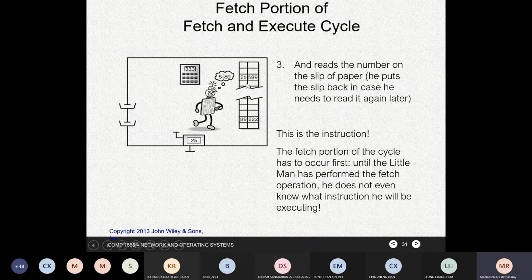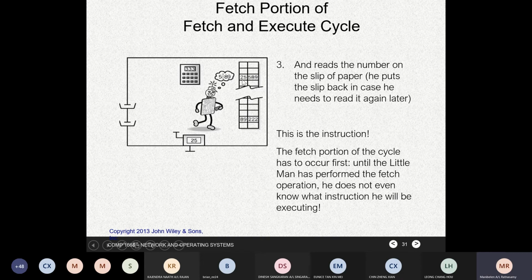So that's what he is doing, isn't it? He reads the number on the slip of paper, which is at mailbox 25. The contents of mailbox 25 is 589. There is a paper there, and the paper is written 589. He puts the slip back in case he needs to read it again.